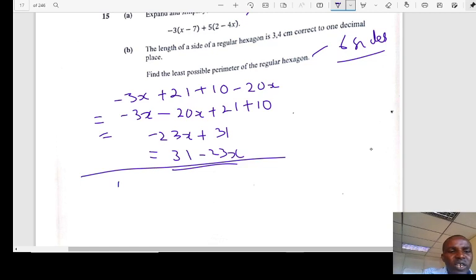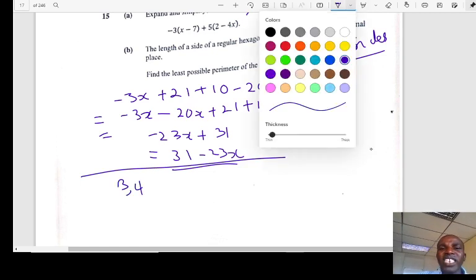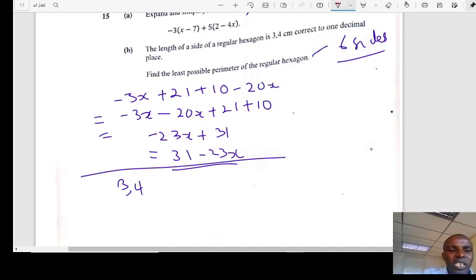Then in this case, it was 3.4. So if 3.4 was rounded off to the nearest 1 decimal place, it means the number that was rounded off was here, for us to get 4. So you put a 5 under here, then you put a 0, 0. In other words, you just add and subtract 0.05 to find the range or the limits within which this 3.4 lies.